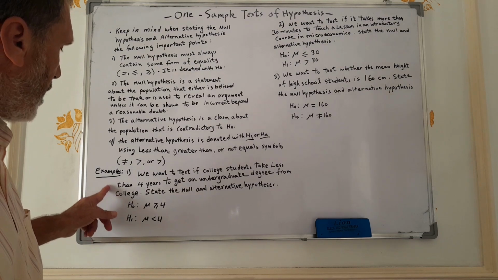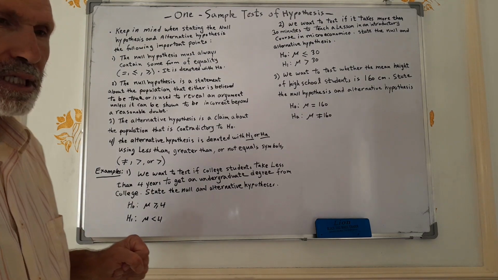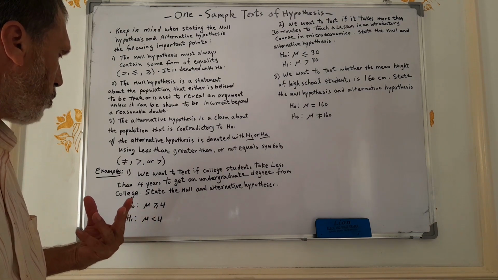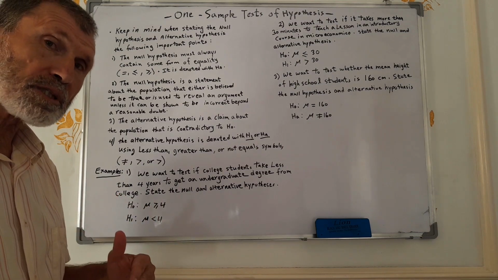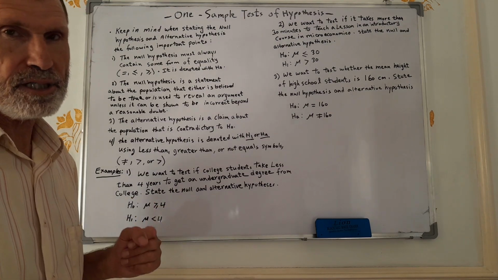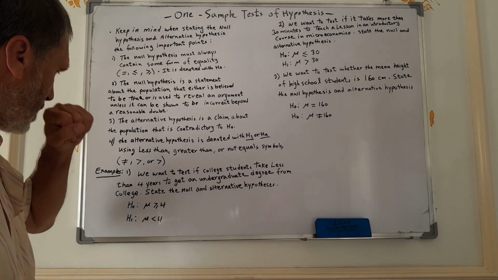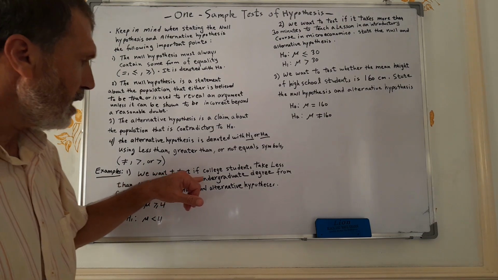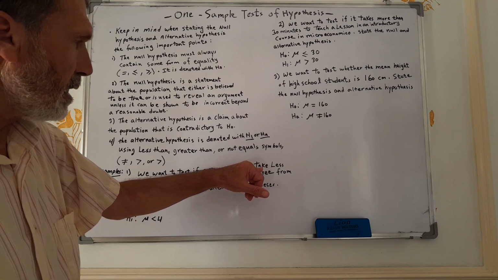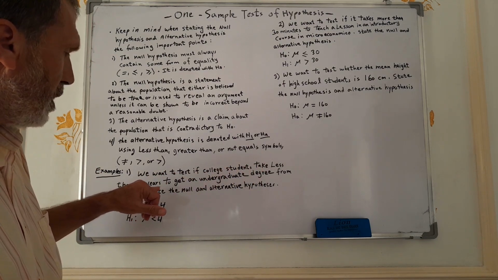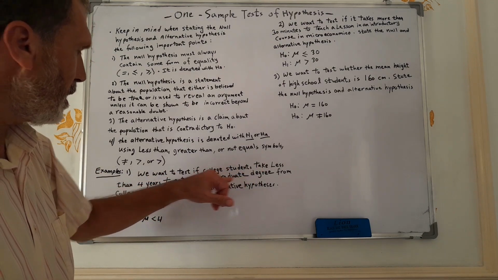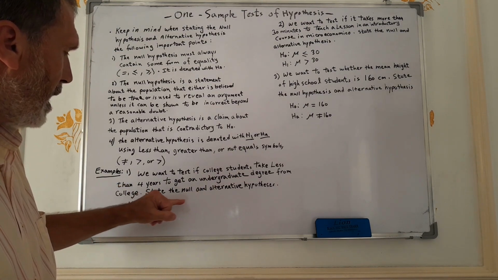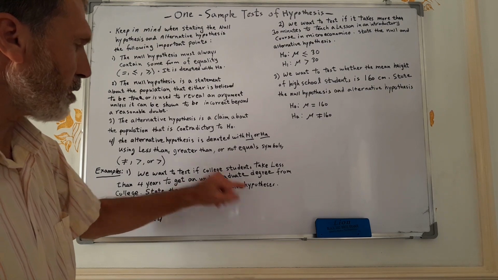Examples. Here I'm stating examples to emphasize the way to state the null hypothesis and the alternative hypothesis. The first example says we want to test if college students take less than 4 years to get an undergraduate degree from college. State the null and alternative hypothesis.